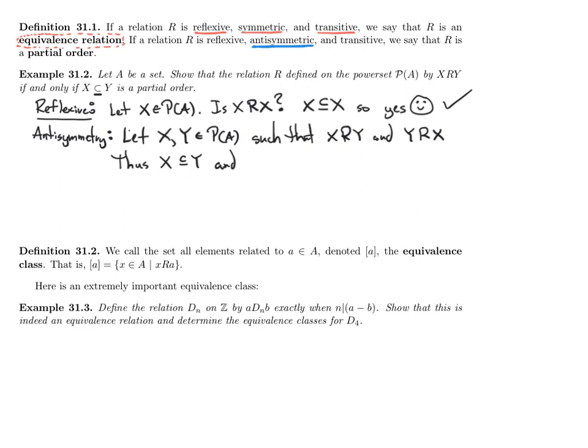X is a subset of Y. And the other one says that Y is a subset of X. Well, this is literally the definition of set equality. Each set is a subset of the other.